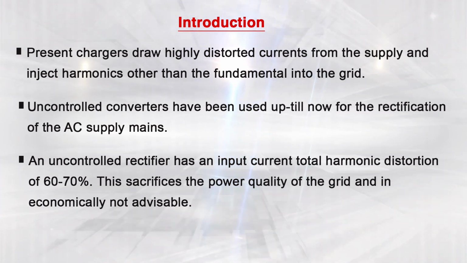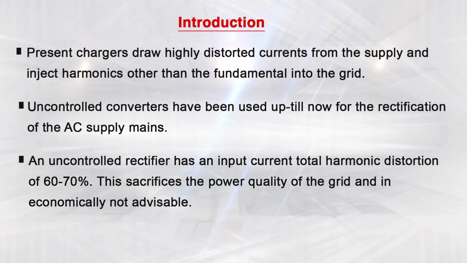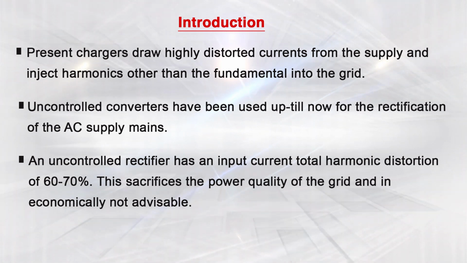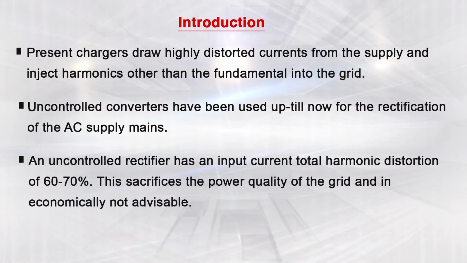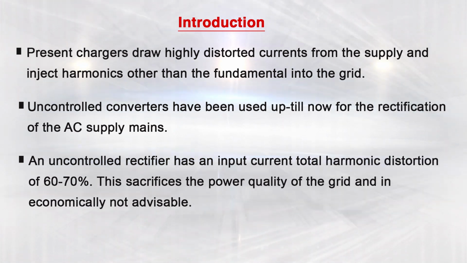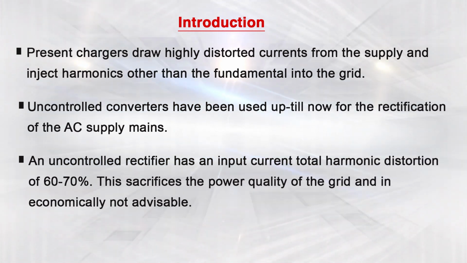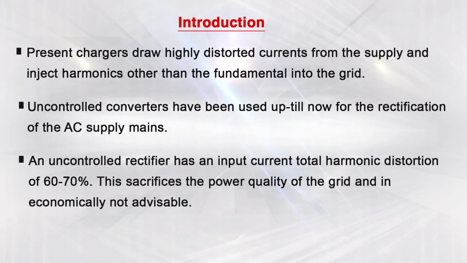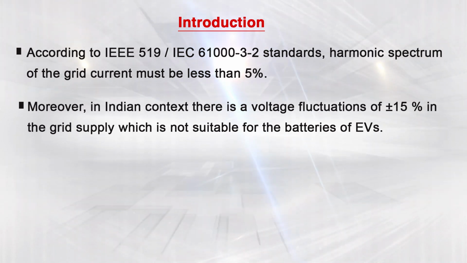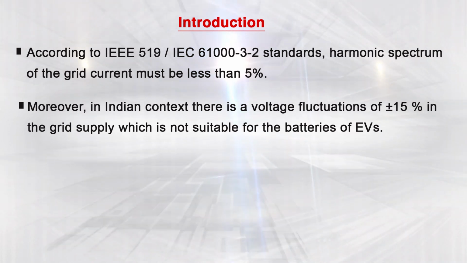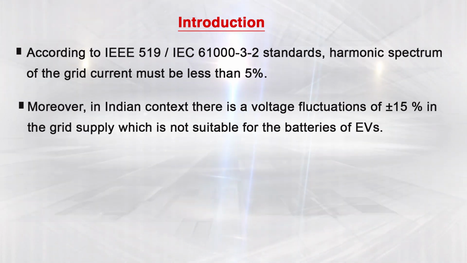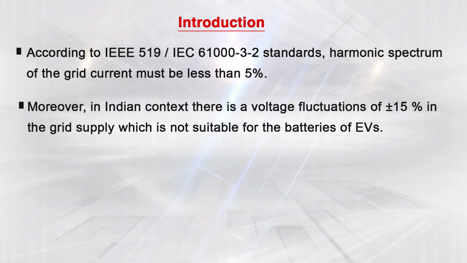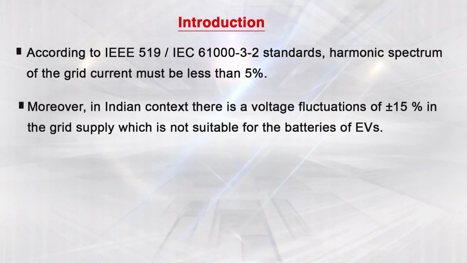Now, it is observed that an uncontrolled rectifier has input harmonics, as I told you, around 60 to 70%, and this creates power quality issues at the grid, and it is not economically advisable. Therefore, people have put some standards to address these challenges. According to IEEE 519 and IEC 61000-3-2, the harmonic spectrum of the grid current must be less than 5%.